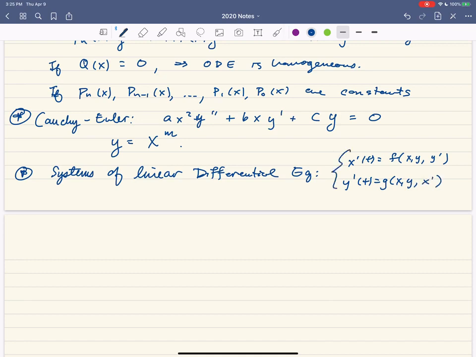All these derivatives are with respect to t. Here f is going to be a linear function in x, y, and y prime. And then you want to figure out, how do we solve this system? How do we find a solution for x and y that satisfies both these equations at the same time? That's what we were after.